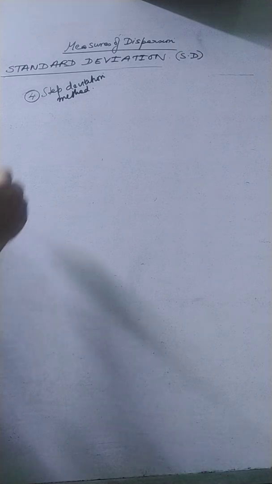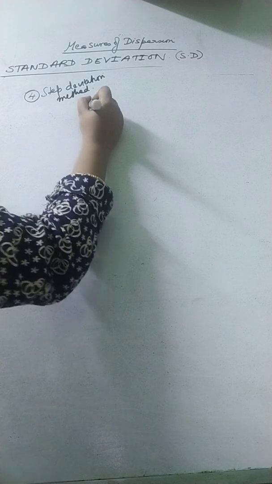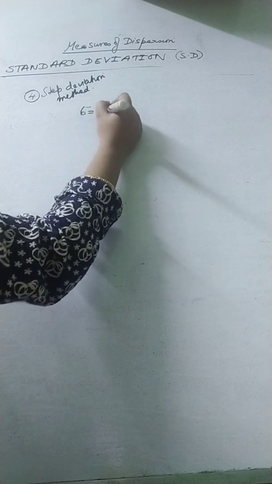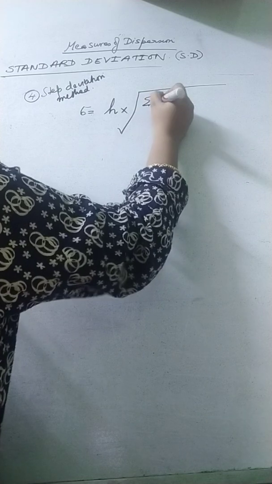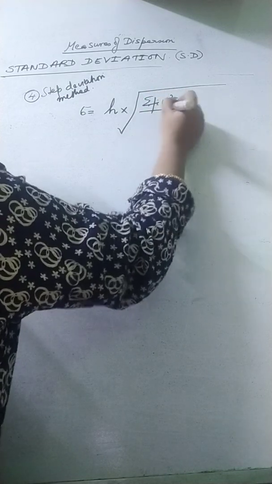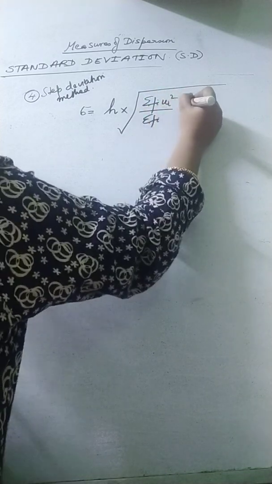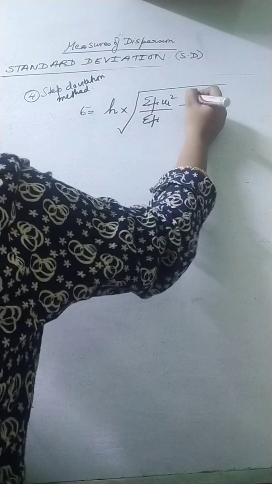As the name suggests, when will we use it? In fact, the formula, let me write first. Formula is sigma, or SD, is equal to h into root over of summation fi ui square by summation fi minus u bar whole square.